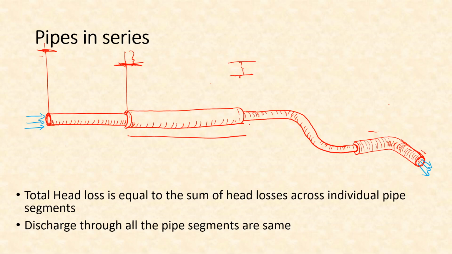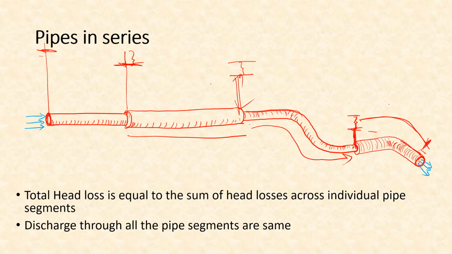Then the next pipe will start with this much head only, and at its end it will be left with a smaller head, and whatever is the difference, that difference will be the head lost in this length of the pipe. The same is true for the remaining lengths of the pipe.